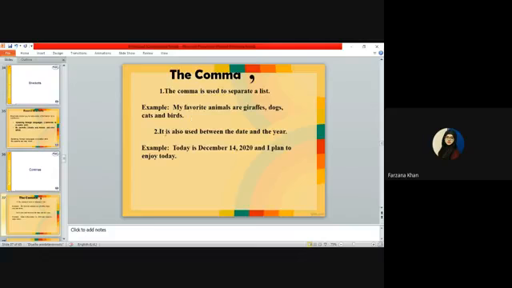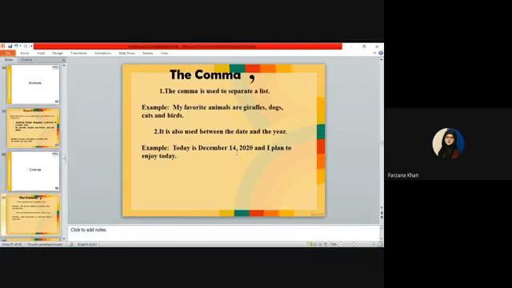The second use of comma is that it is also used between the date and the year. Let me show you here. You can see the exact pattern of the date: December 14, comma, 2020. After the name of the month and date, it is mandatory while writing a date to place the comma.